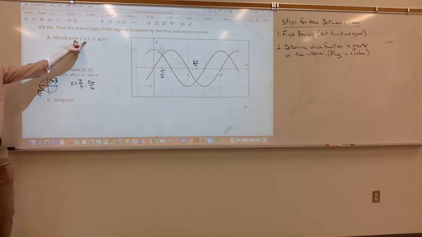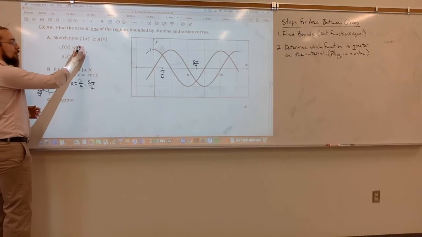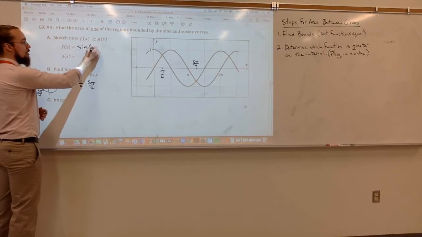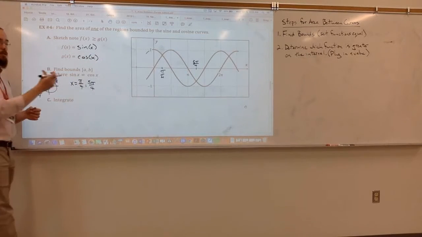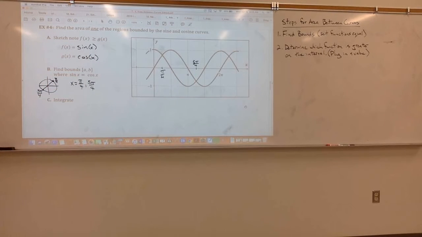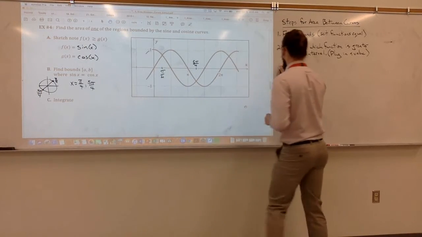We're saying that f of x is greater than g of x when we're writing our interval. So I would say sine is greater than cosine, just on this interval, right? Obviously, that's not always true, but that's true of this interval that we care about, from pi over 4 to 5 pi over 4.